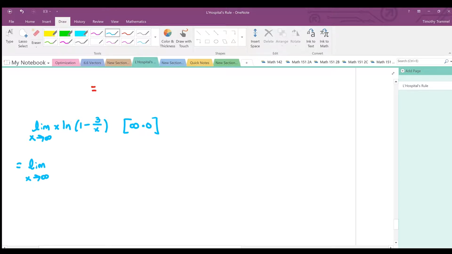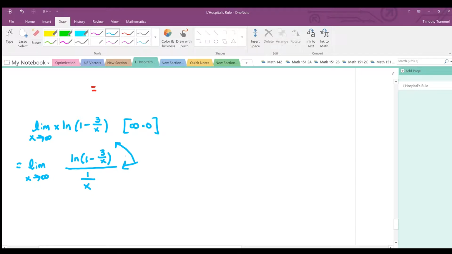So what I like to do is this one that's going to infinity, I like to rewrite it as 1 over that function. And I should be even more specific, dividing by 1 over that function. So we're going to divide this by 1 over x. And the whole point is, if we were to simplify what we have here, we'd end up back with what we started with.